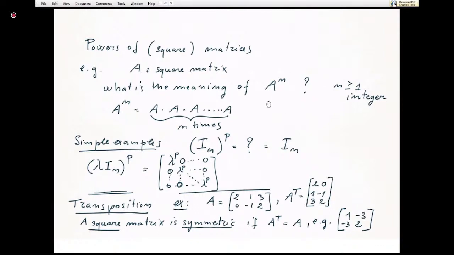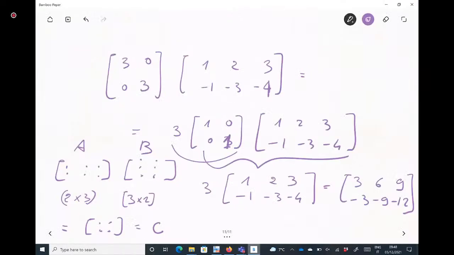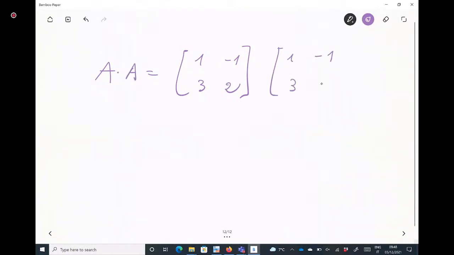A squared is A times A. So if I have A, which is for instance 1, minus 1, 3, 2, and I compute A times A, so again 1, minus 1, 3, 2, I obtain a result which is 1, minus 3 is minus 2, first element, minus 1, minus 2, this is minus 3, 3 plus 6, 9, minus 3 plus 4, 1.